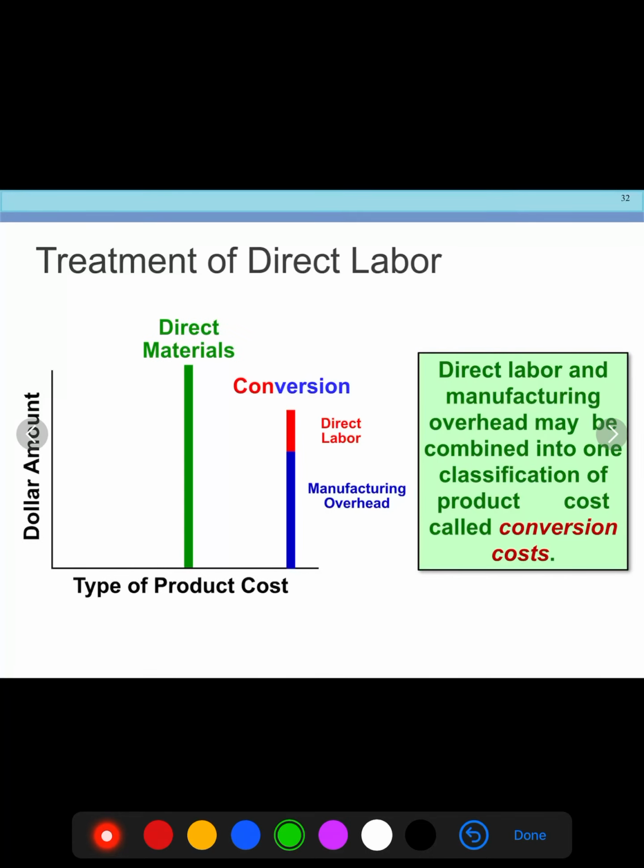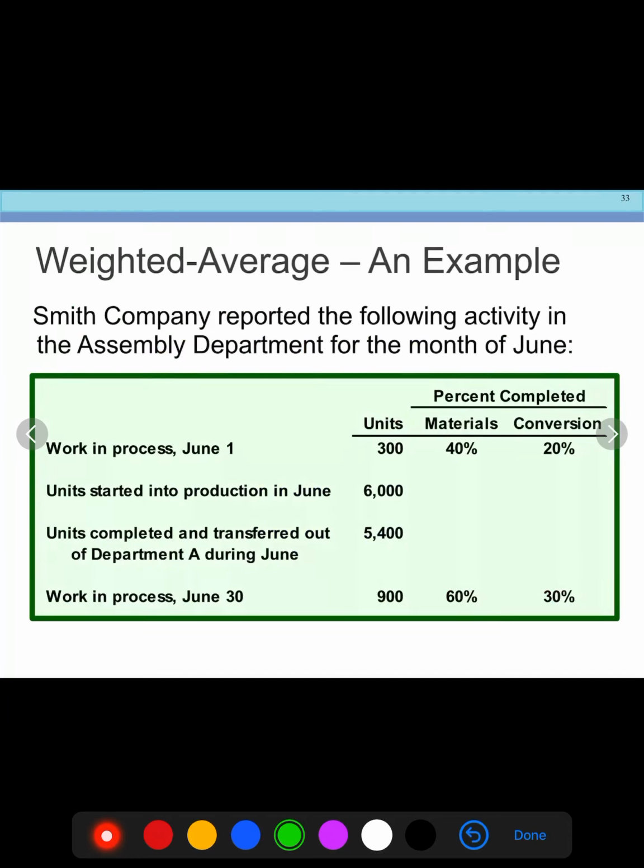That's why direct labor and manufacturing overhead may be combined into one classification of product cost called conversion cost. Ang pag-usapan natin yun kanina. The combination of direct labor and manufacturing overhead is called conversion cost.